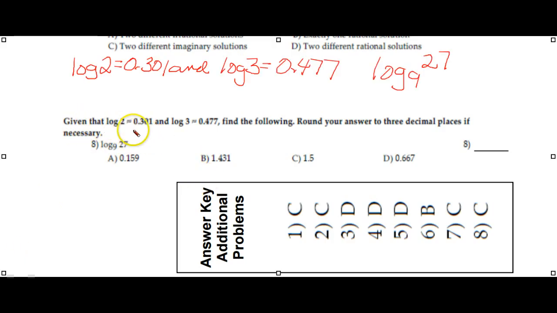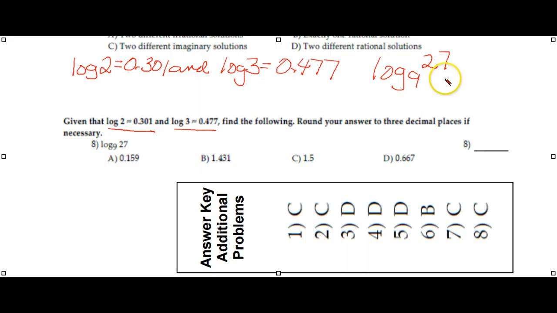So this is the information they're giving you, that the log of 2 is this, and the log of 3 is this, and they want you to use this information to find out what the answer is when you have log base 9 of 27.